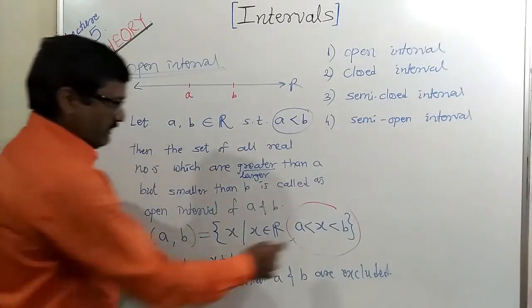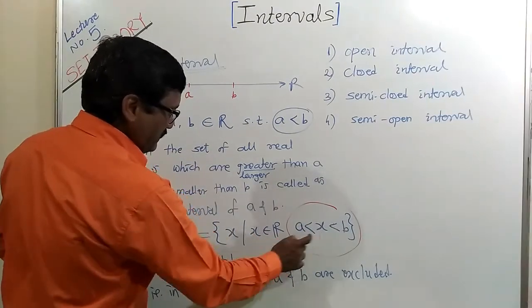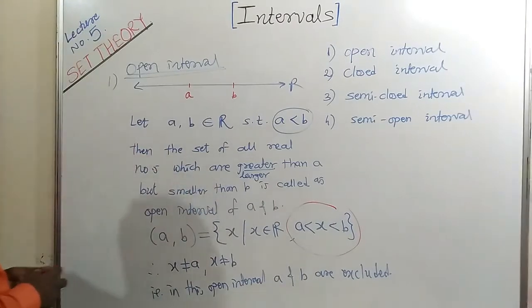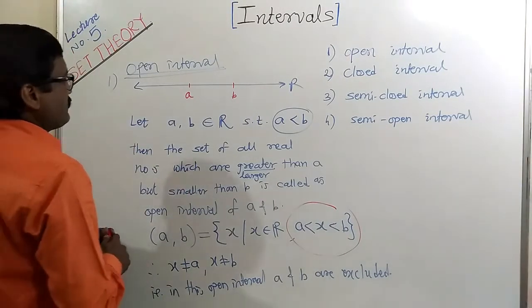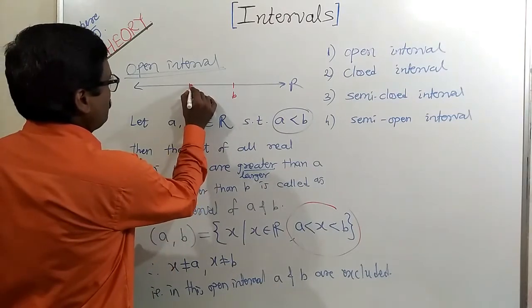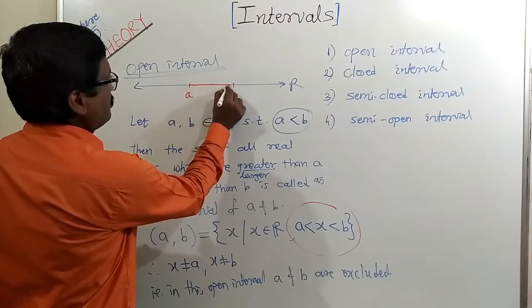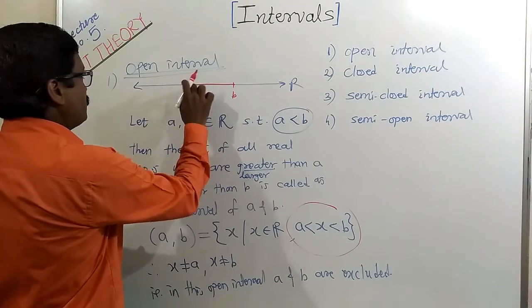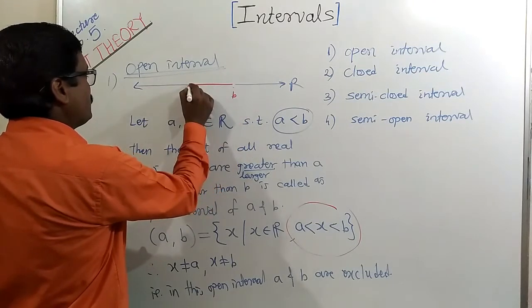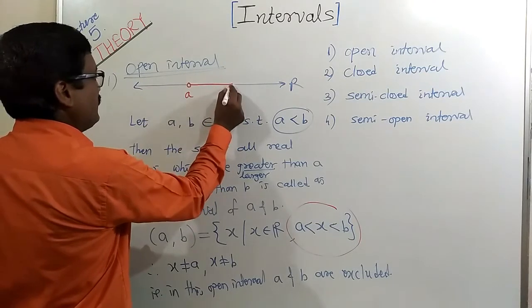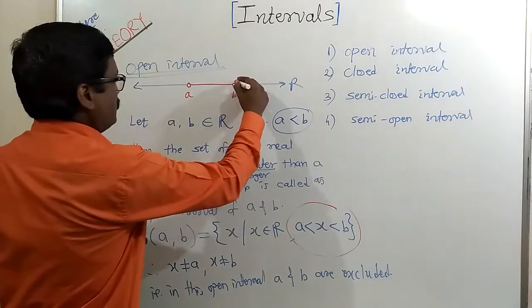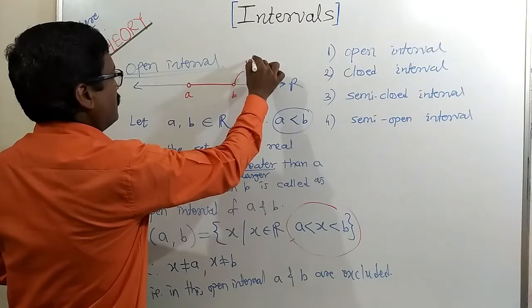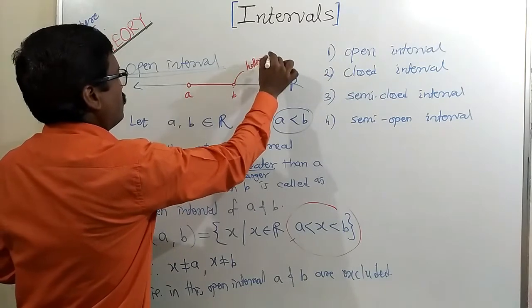That x is between A and B, x is greater than A and x is less than B. So these are the values of x, where A is not included and B is not included. This x is not equal to A, not equal to B. It is represented by hollow circles. These are known as hollow circles.